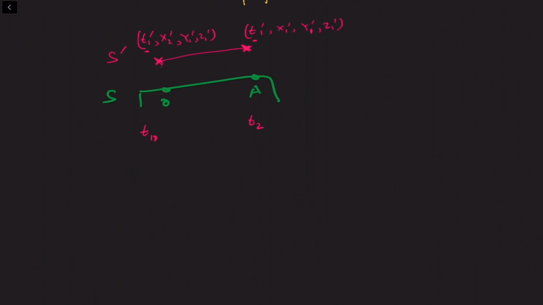Okay, and the observer on the ground will also measure some spatial location, let's say x2, y2 and z2. For notational consistency, let's use x2 here.